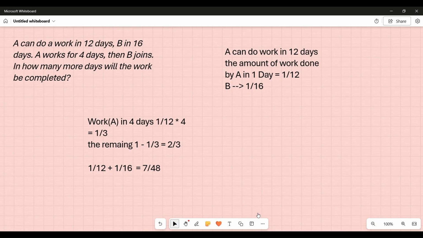Now the last step. We need to find the total time required to finish the work.